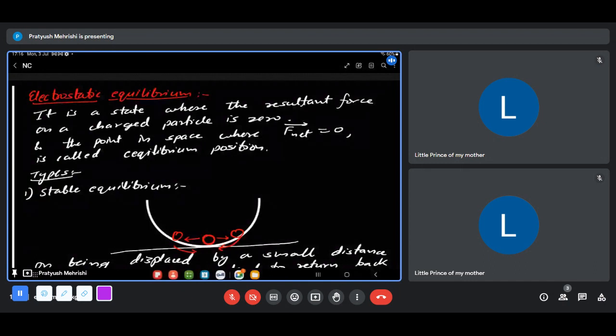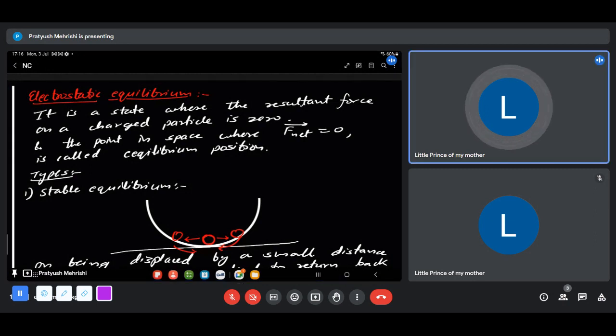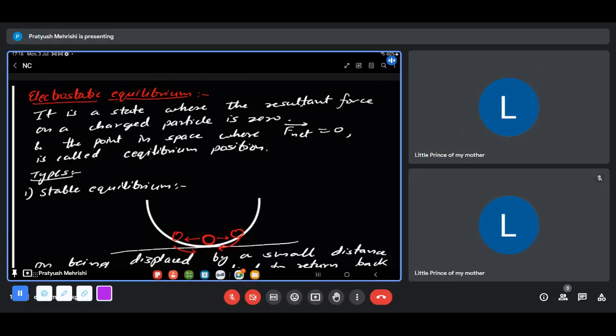First of all, tell me, what do you understand by equilibrium? What do you think equilibrium stands for? Rest, no forces are acting on it. Is that a correct definition? If you are pushing a wall, the wall is still at rest.